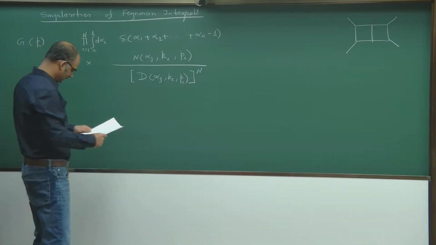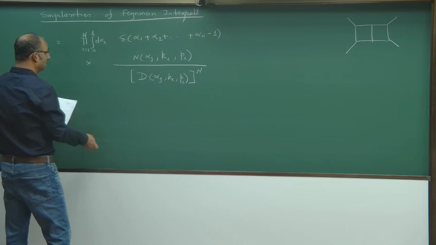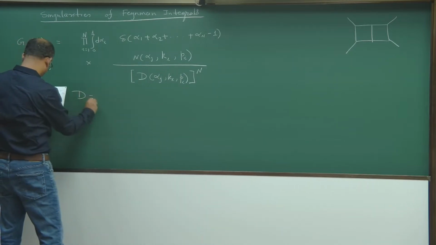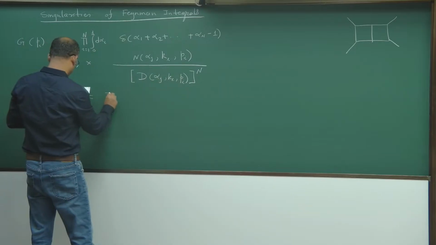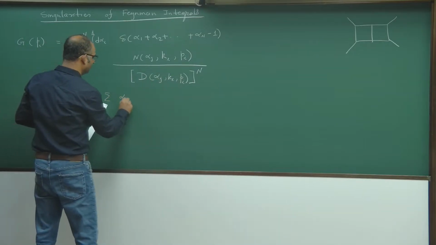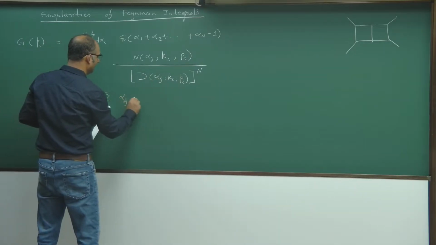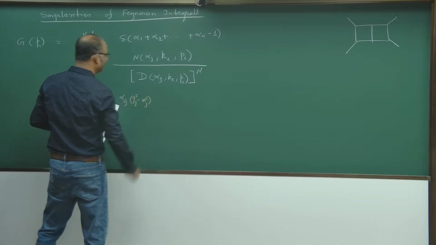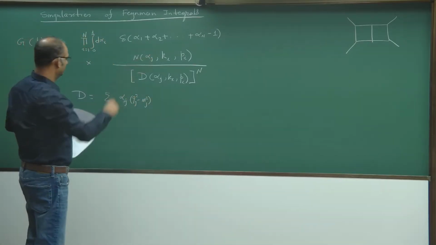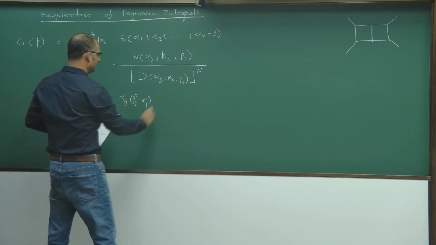And also D, I'll just use D, I'll drop these labels, is the sum of alpha_j (q_j squared minus m_j squared), where m_j is the mass of the jth line, plus epsilon.